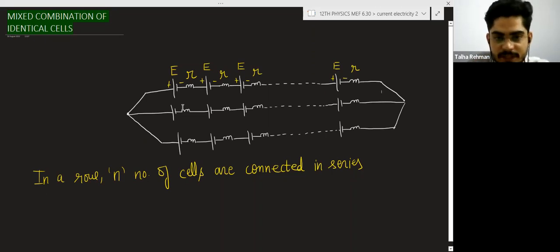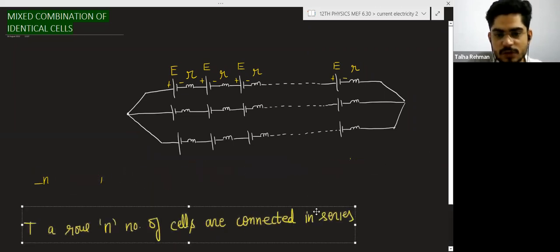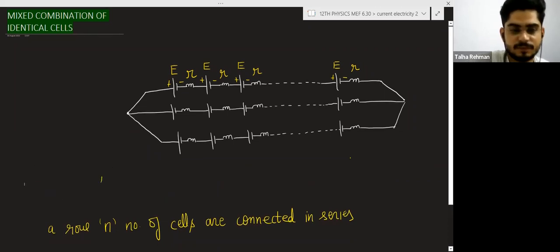And this is another row. In this row also there are n cells, and these n cells are connected in series. Here is another row, and in this row also the cells are connected in series.